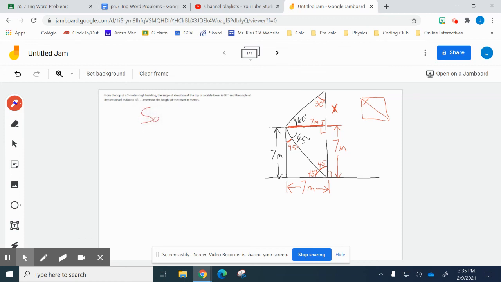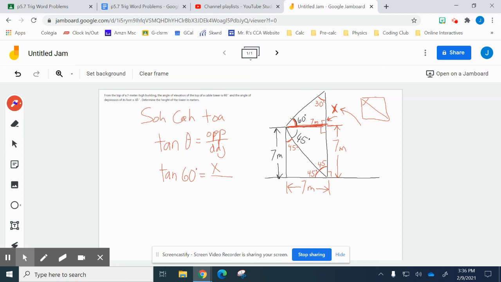So SOH-CAH-TOA, tangent of an angle equals the opposite leg over the adjacent leg. So the tangent, in this case, of 60 degrees is going to equal the opposite leg. That's the x that we're trying to find out, right there. And the adjacent leg is this piece right here that is touching the angle, right?